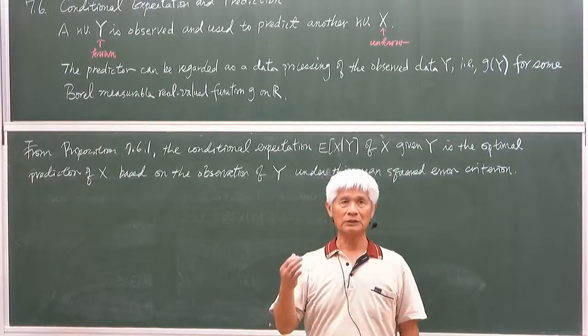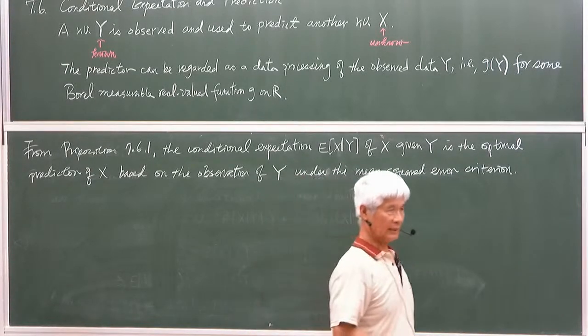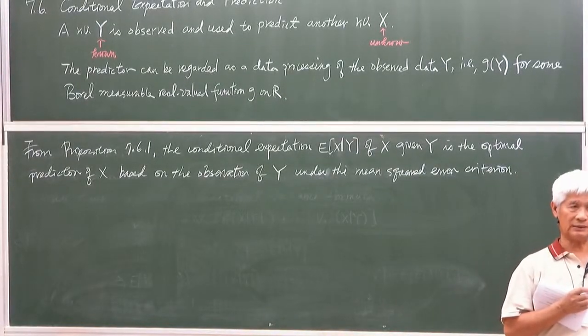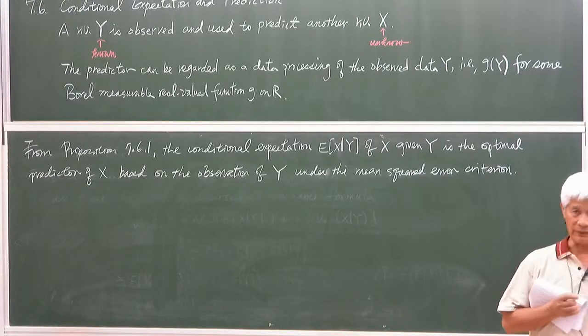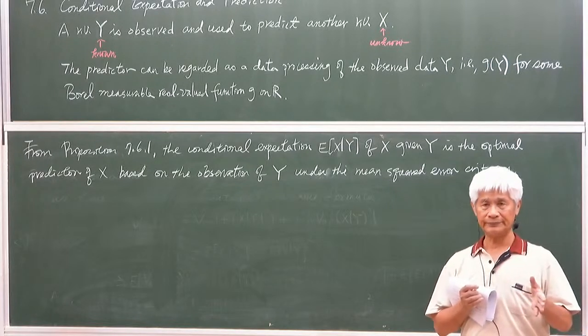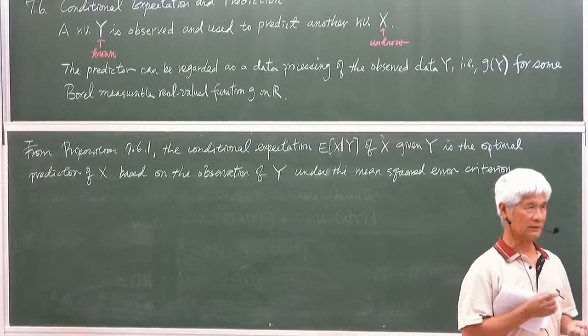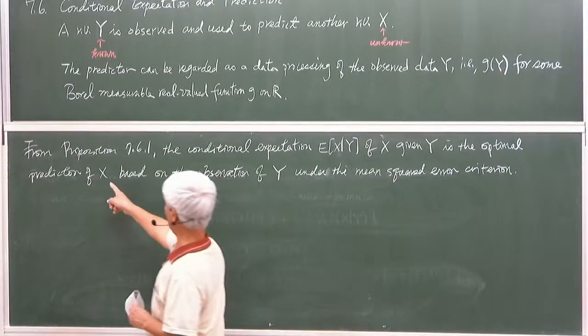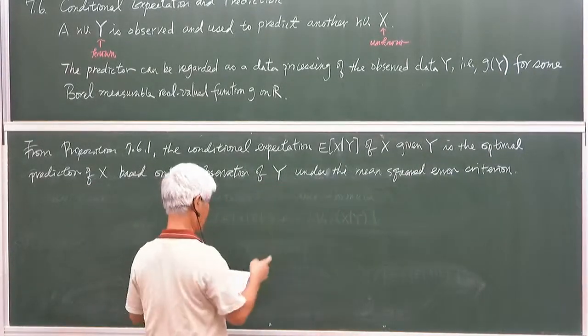So we actually answer our question. Under the mean square error criterion, the conditional expectation of x given y is the optimal predictor of the unknown x, based on the observation of y.